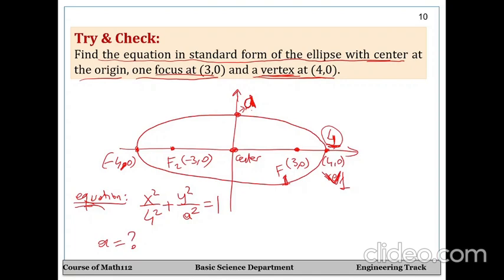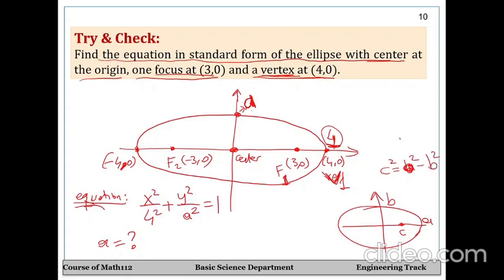Now in here we have to look at the relation between A, B, C. What we mean by A, B, C is this. If you have an ellipse like this, you will have a focus here at C, and you will have this one here A, and here you have B. Now in this case, c squared is always equal to the absolute value of b squared minus a squared.